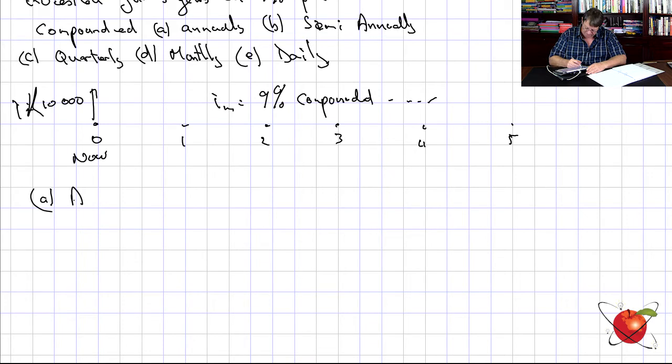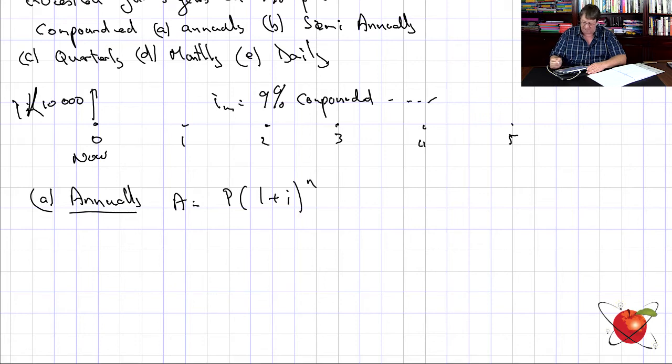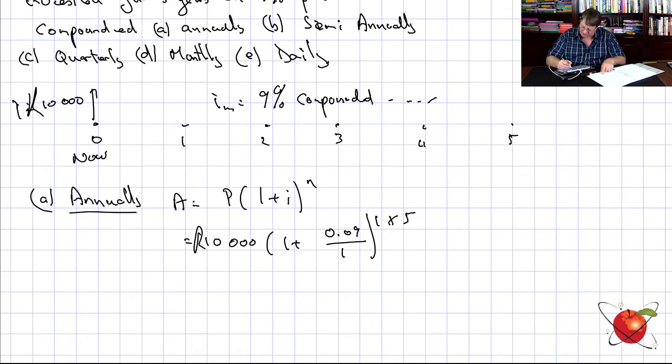Annually. Okay, annually, A is equal to P(1 + i)^n, isn't it? Right, so let's have a look. A is equal to 10,000(1 + 0.09/1)^(1 times 5).